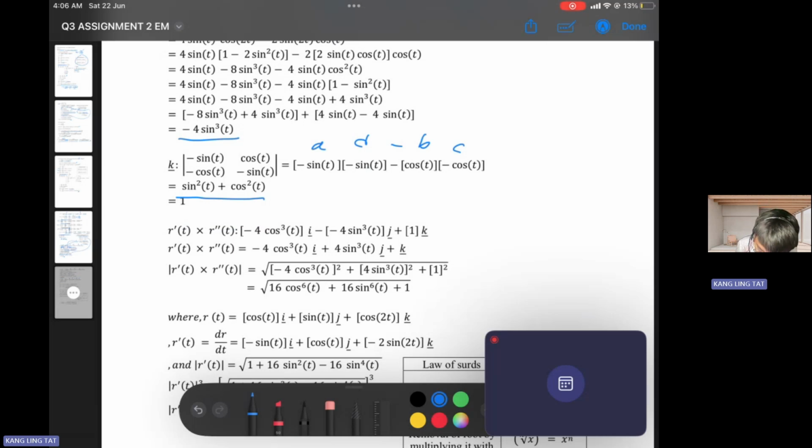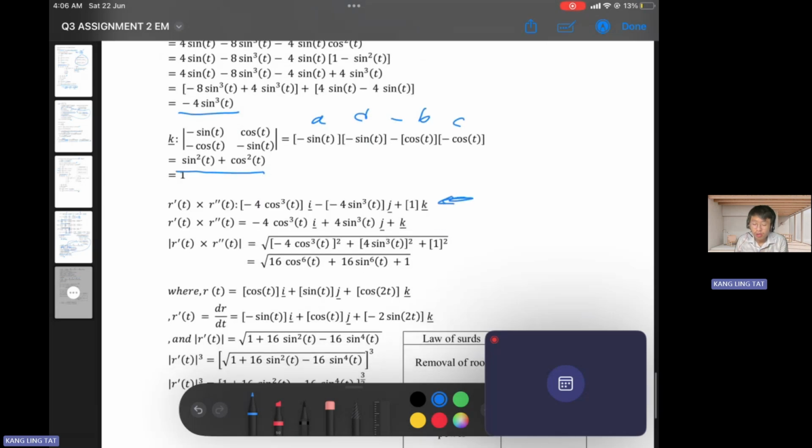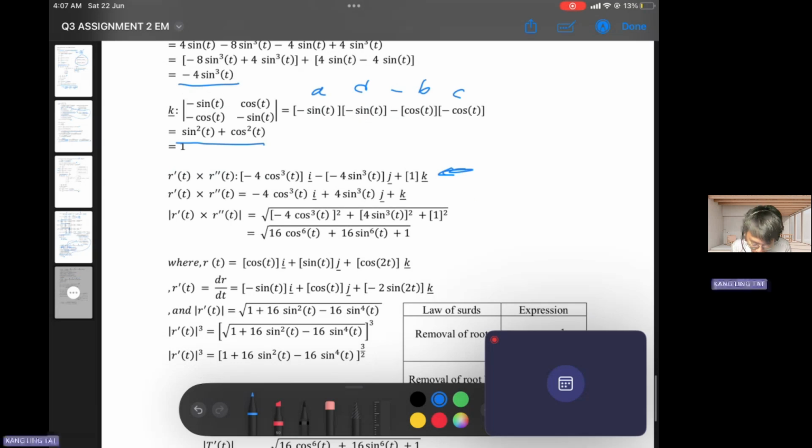So this is basically our cross product of the first derivative of the vector function and the second derivative of the vector function, right? So this is what we got, simplified. The question wants us to find the magnitude of this cross product.